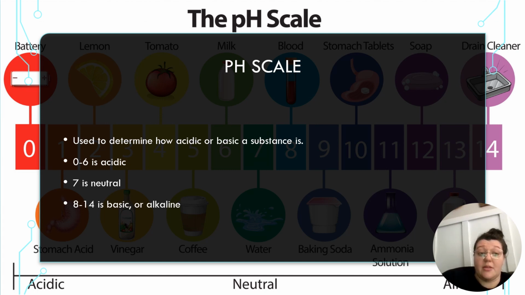And then you have 8 through 14, which is considered basic or alkaline. And we can see here, blood is at an 8, stomach tablets at a 10, soap 12, drain cleaner at a 14, and then we have baking soda, ammonia. So those are considered more basic or alkaline.